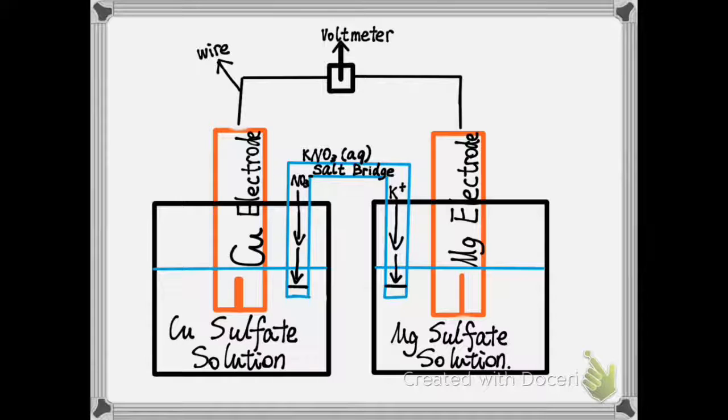The reason the NO3 minus and the K plus go these two ways is because of the flow of the electrons. The flow of electrons goes this way.